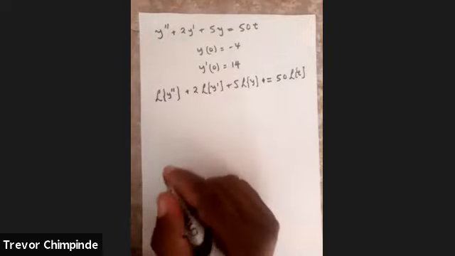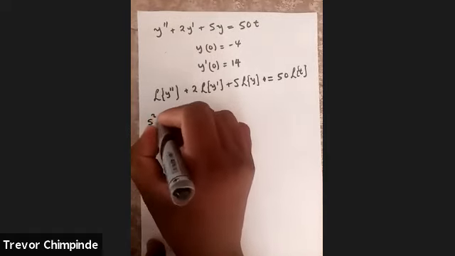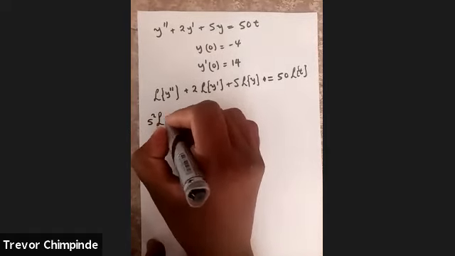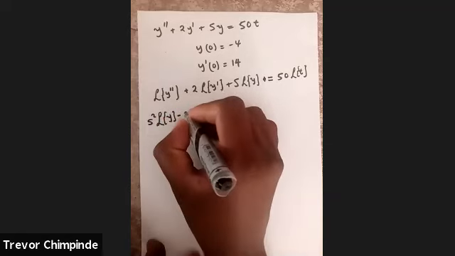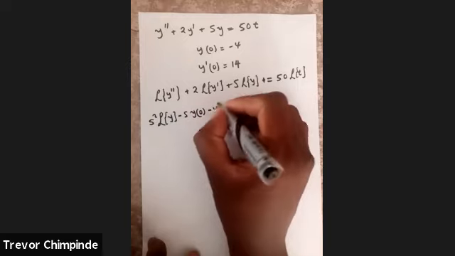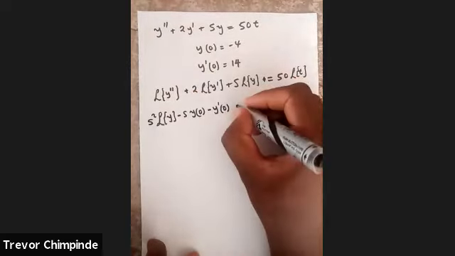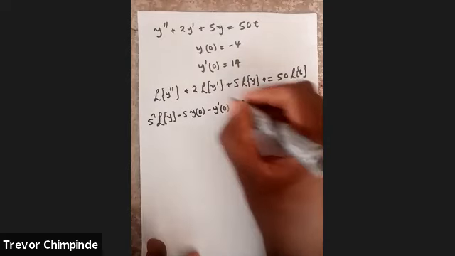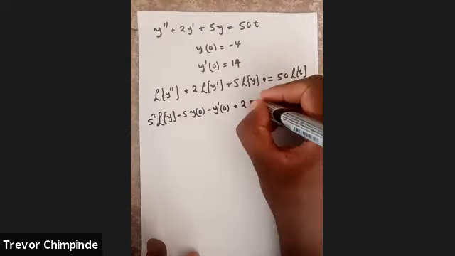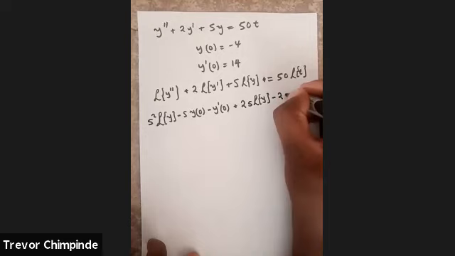So what is the Laplace of y double prime? It is s squared Laplace of y minus s y of 0 minus y prime of 0. That's the first one. The second term is going to be plus 2, so we have to include the 2, then s Laplace of y minus 2 y of 0.